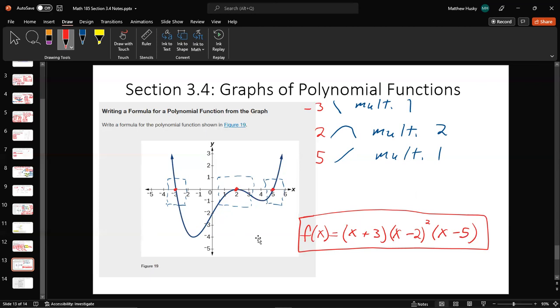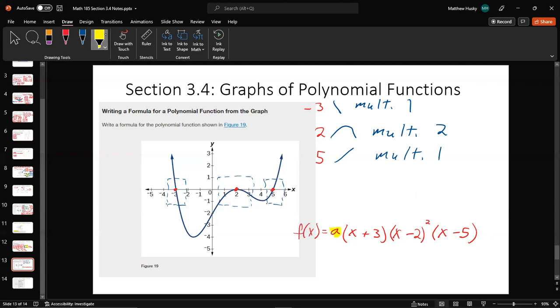There's one other thing that we should look at because we're not quite done here. Oftentimes there is some sort of multiplier, which they usually call a. So the question is, what do you do to find a value of a for your leading coefficient?